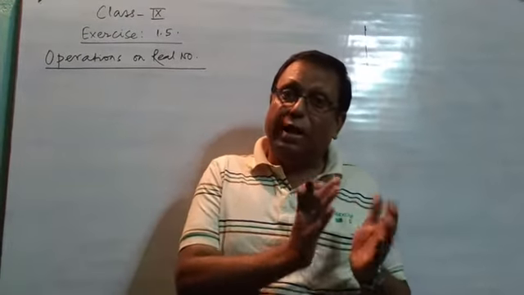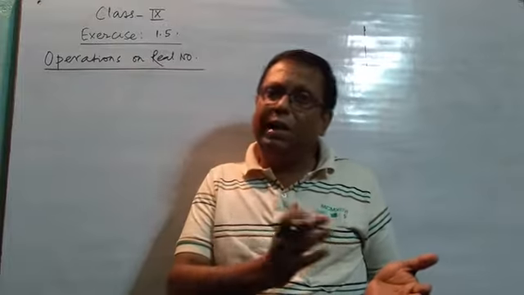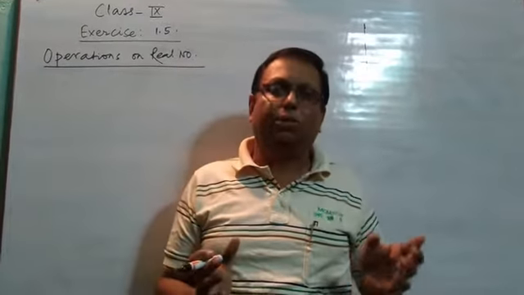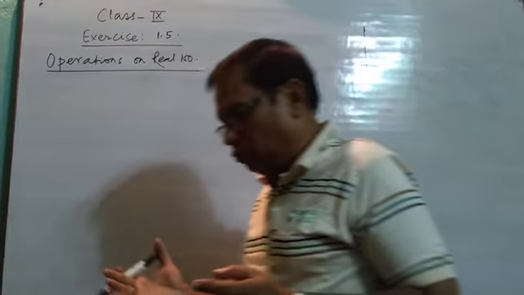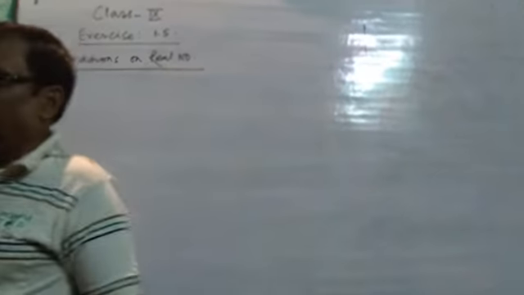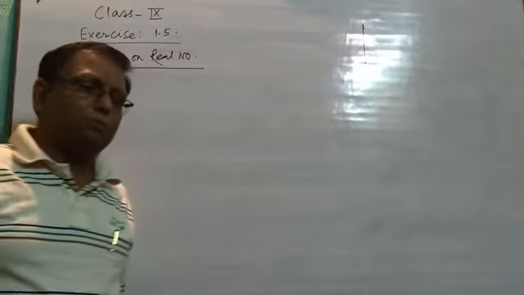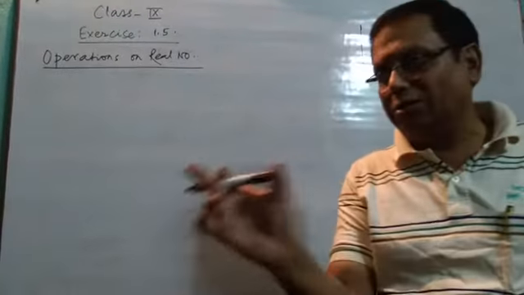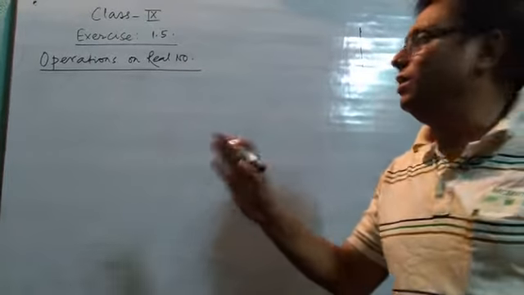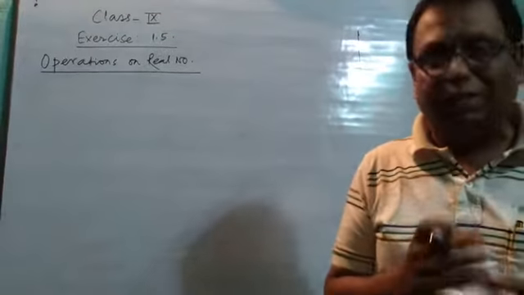A non-zero rational number means any rational number except 0. The result is always an irrational number. That is the most important thing over here.